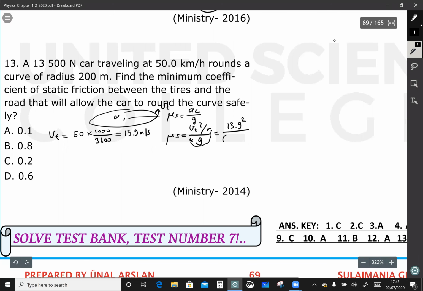R is equal to 200 meters, the radius of the circle, multiplied by G, 9.81. Using the calculator, 13.9 squared divided by (200 times 9.81) is 0.1. Yes, 0.1 is the answer, which is A.